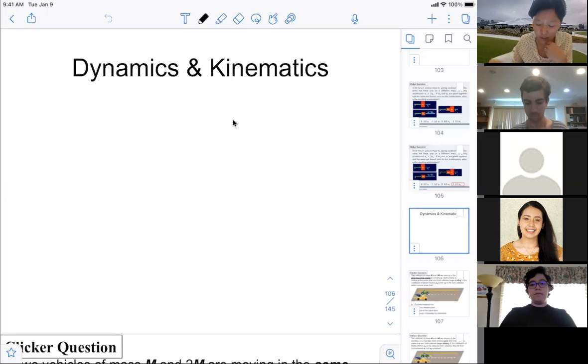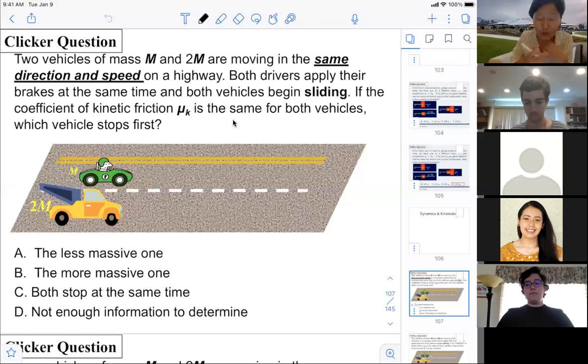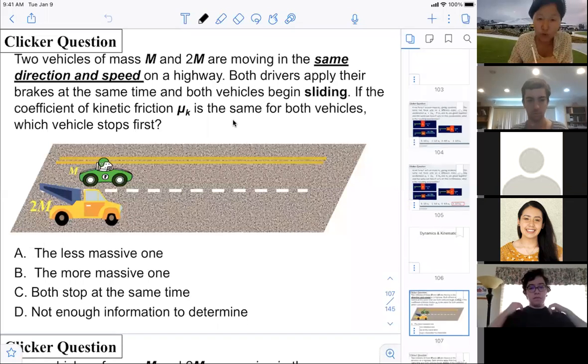We need also kinematics. So we'll start with this clicker question where you have two vehicles and they have different mass. One is twice the mass of the other. Initially, they're moving with the same velocity, same direction, same speed. And they apply their brakes and they both begin to slide. Noticing that in real life, our car actually operated a little bit differently.